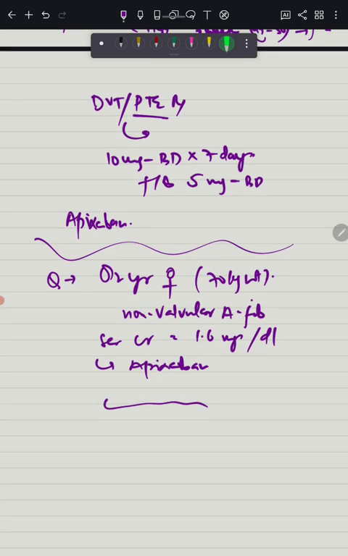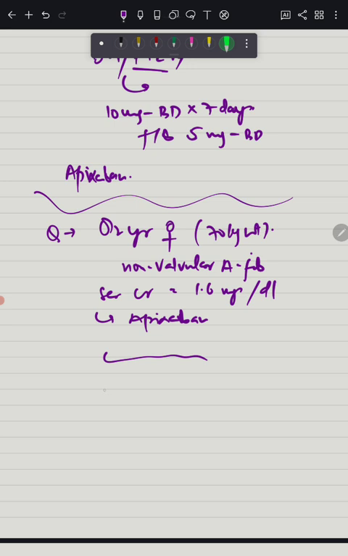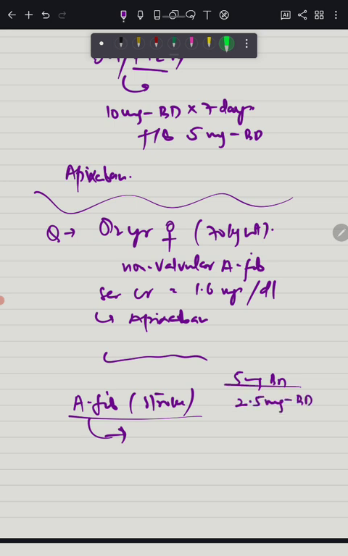So here, as you can see, we have to treat AF to prevent stroke. This is the nutshell, what is the goal here. The dose can be either 5 mg BD or 2.5 mg BD. But for AF we usually use 5 mg BD.